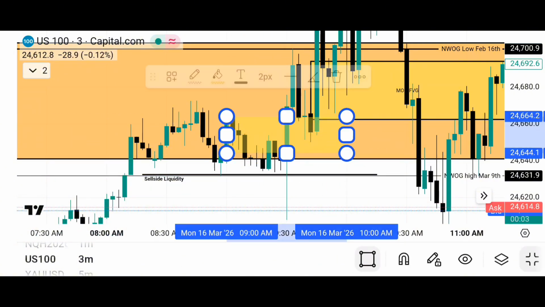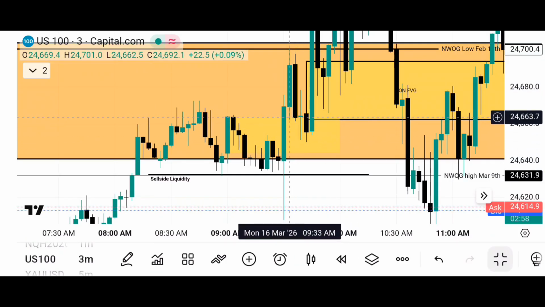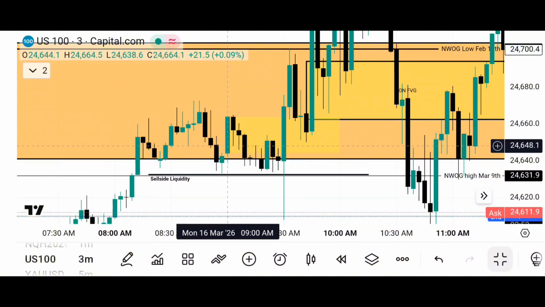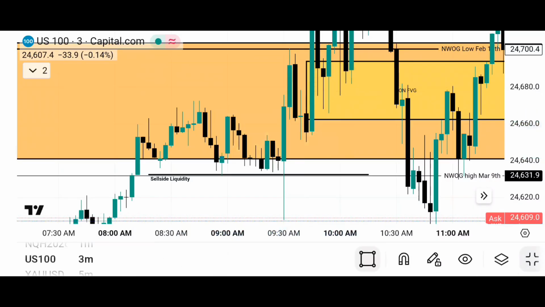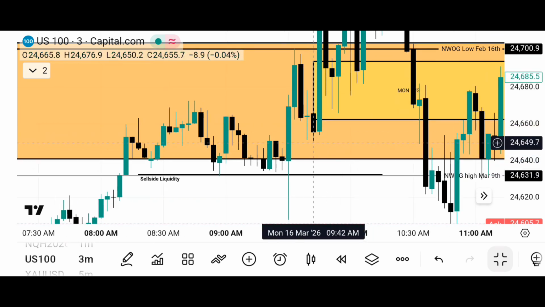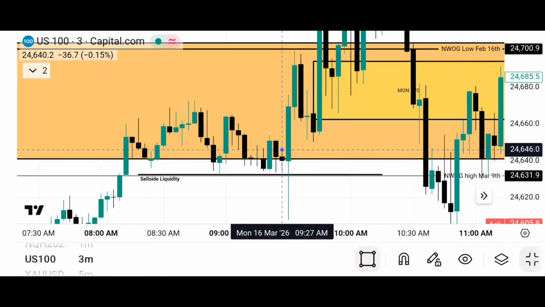So if I bring this out, you see how price dropped down into it. While dropping down into this fair value gap, this order block is dropping down into the breaker as well. So you must not actually make use of this as an entry model, but more this can add more confirmations to your trade. So let's say I'm using the fair value gap as an entry for this particular trade right here.